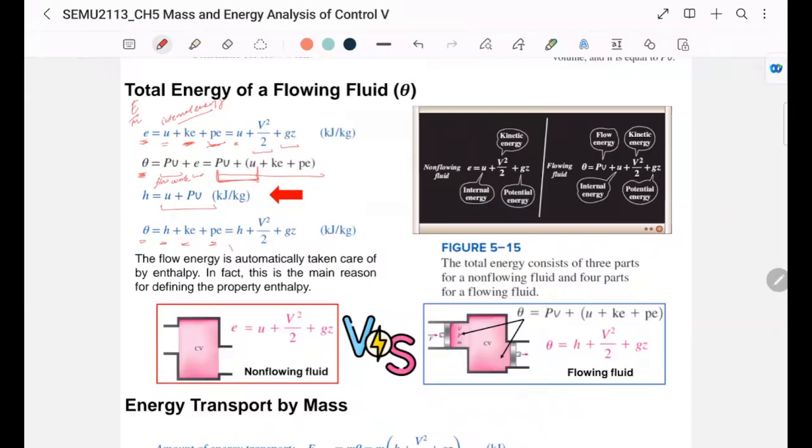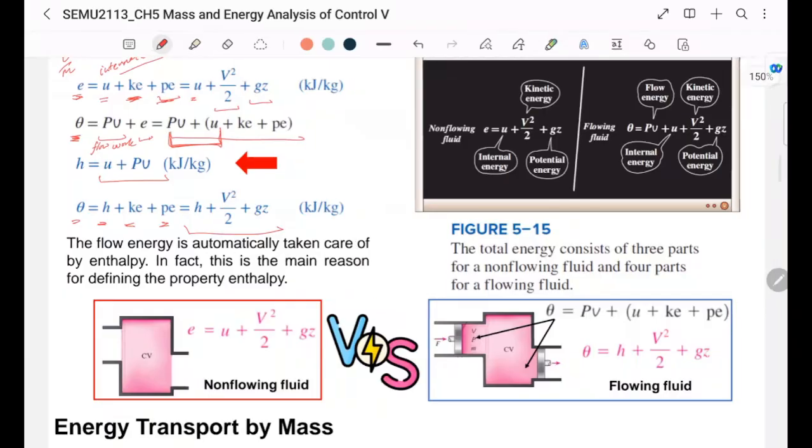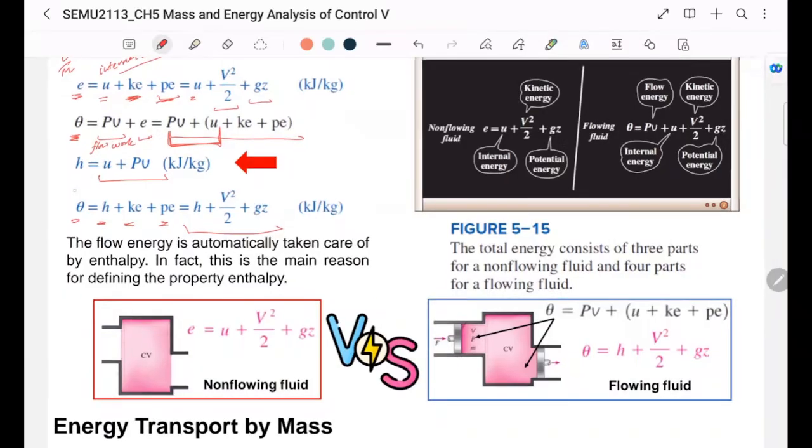Or we write it as H plus V squared over 2 plus GZ. GZ is potential energy, basically. And we can also write it in absolute terms, which means M multiplied with, usually M dot, equal to M dot multiplied with H plus M dot V squared over 2 plus M dot GZ.